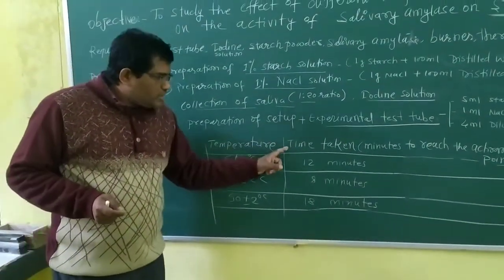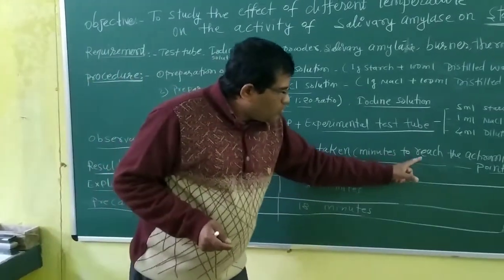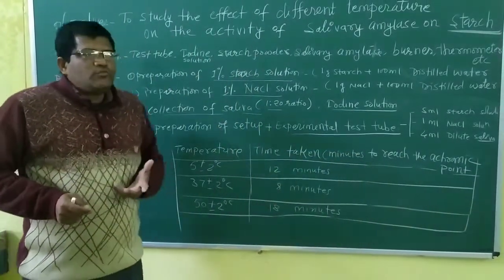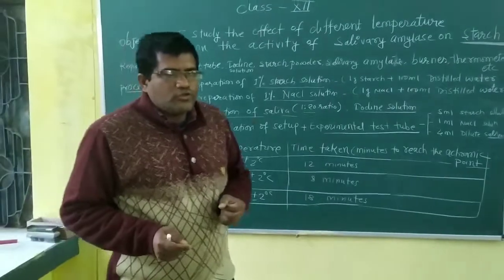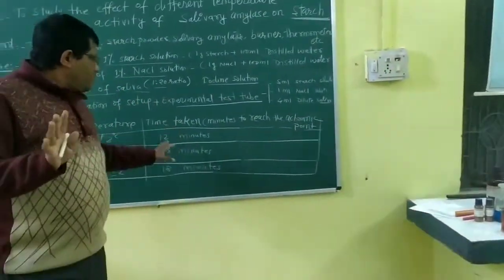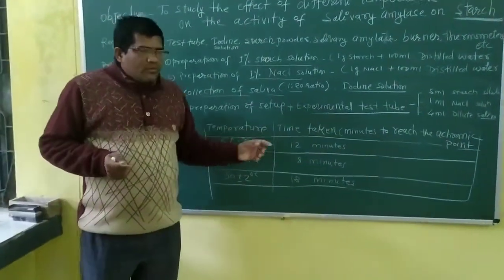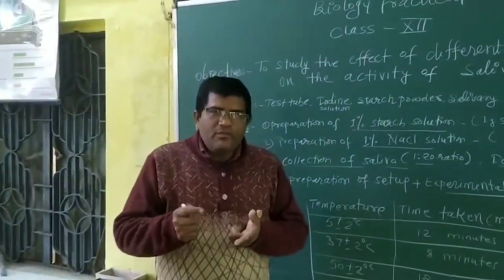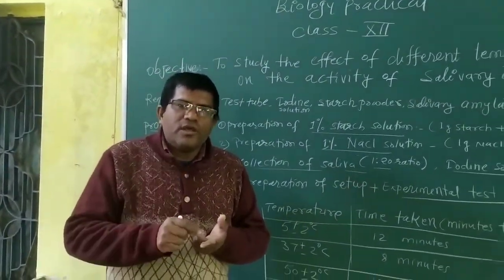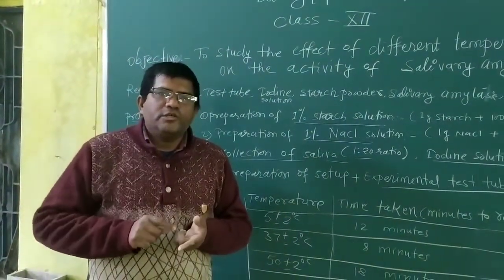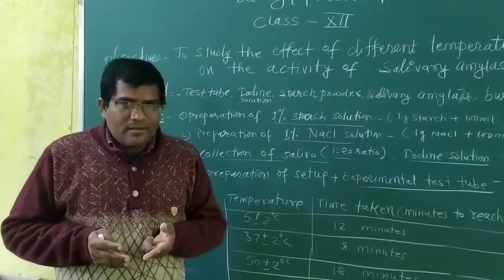Now we have to see the time taken in minutes to reach the achromic point. What is the achromic point? Children, with the achromic point we have to understand that when we pour the solution, the iodine solution changes into the blue-black color.